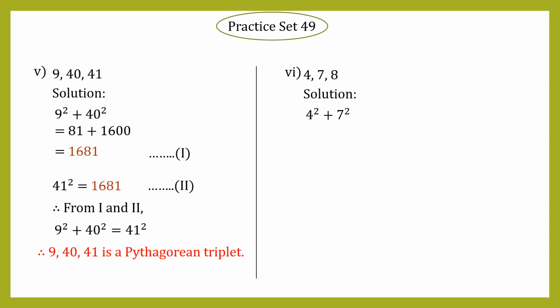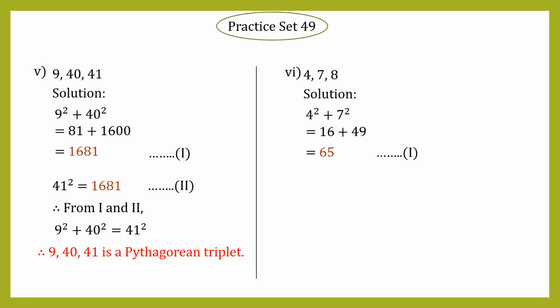Now 4 square plus 7 square. 4 square is 4 into 4, that is 16. 7 square, 7 into 7, is 49. So 16 plus 49 is equal to 65.